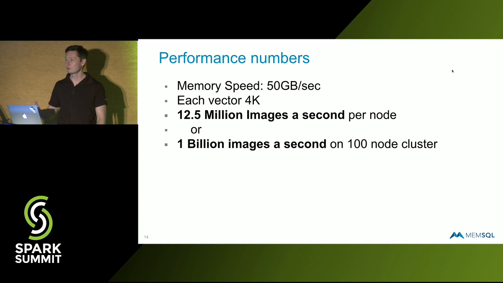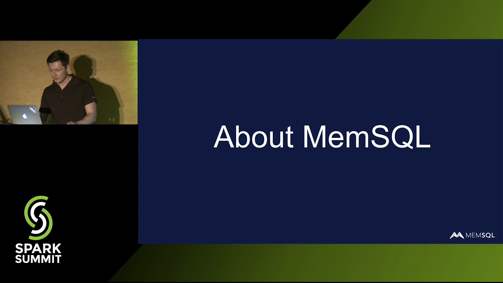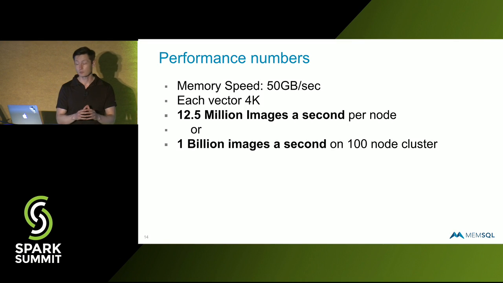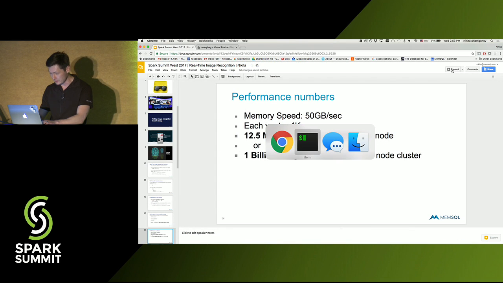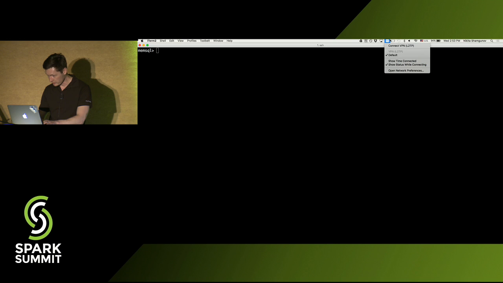You can go on AWS, you can spin it up, and you can start. It's very easy to provision. All right, so that's basically how it works. I'm going to show you a little demo right now, and this is going to be a database demo. Switching to a terminal, connecting to my VPN.